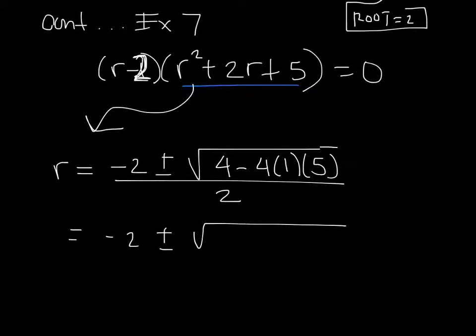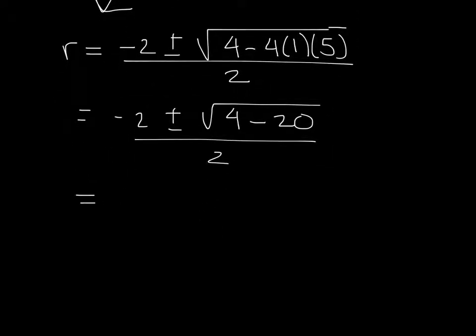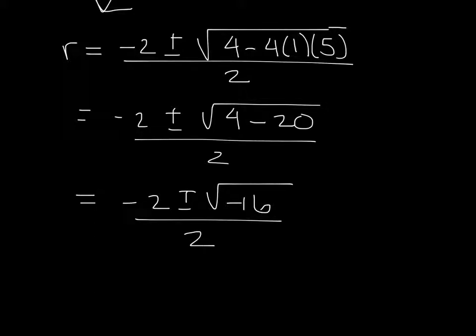All right, and then we have 4 minus 20 all over 2. And then we have negative 2 plus or minus the square root of negative 16. Okay, so I know we're going to get an imaginary root because of that.